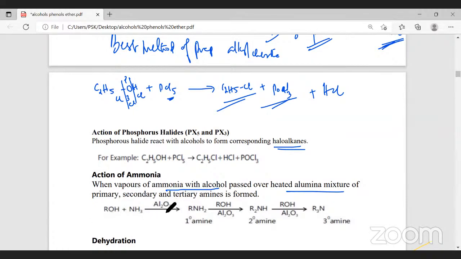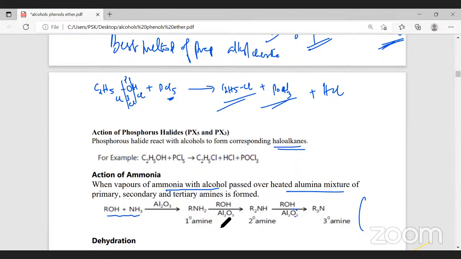So when alcohol and ammonia vapors are passed over heated alumina, you get a primary amine, which further reacts with alcohol to form a secondary amine, and the secondary amine further reacts with alcohol to form a tertiary amine. This reaction of alcohol with ammonia is not in our syllabus, so don't worry.